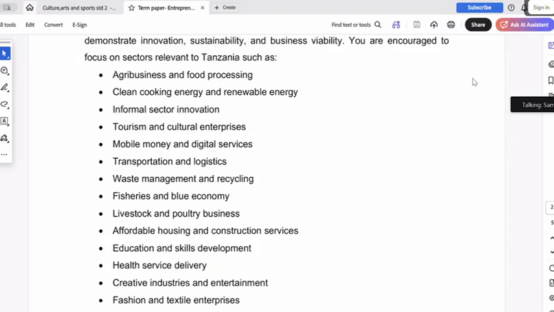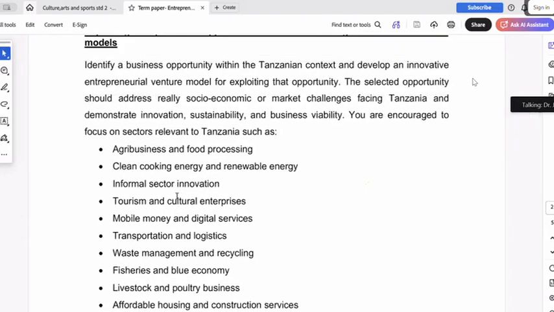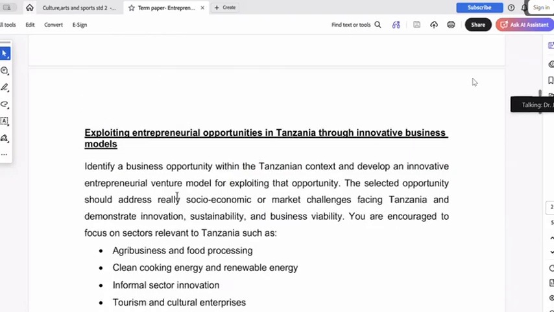Well, the assignment is all about exploiting opportunities. That means we have opportunities in our environment or in the Tanzanian context, and for those opportunities, there are some businesses already operating and exploiting them.